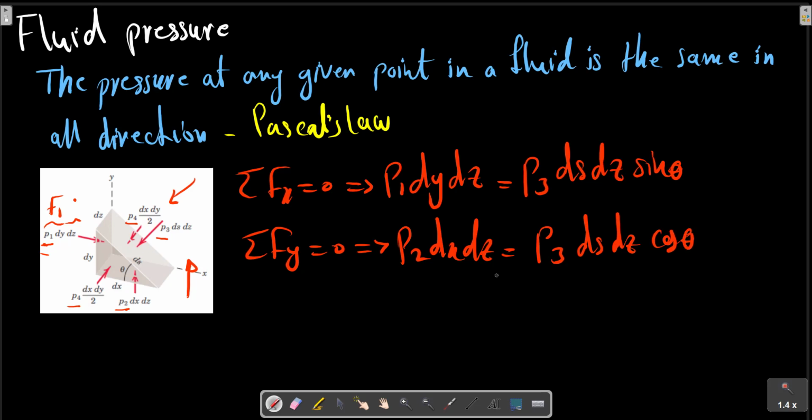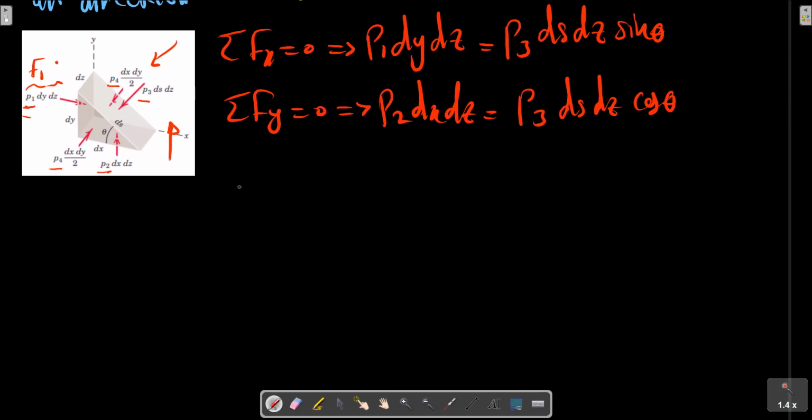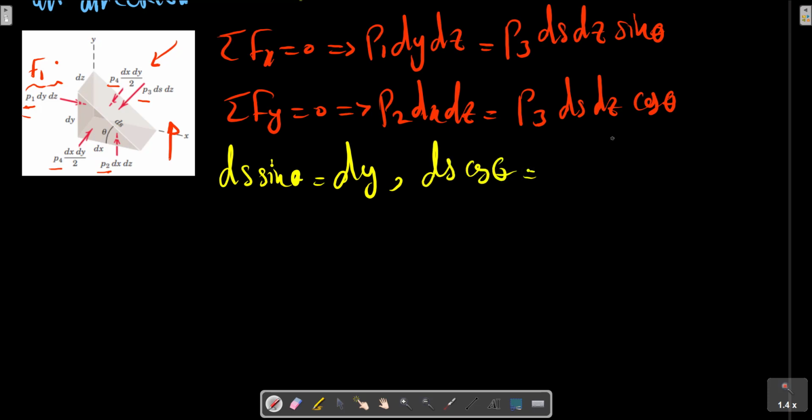Since ds sine theta equals dy, and ds cosine theta equals dx.